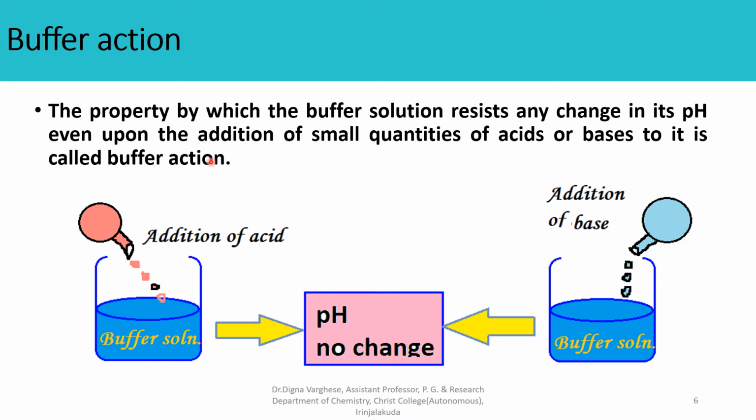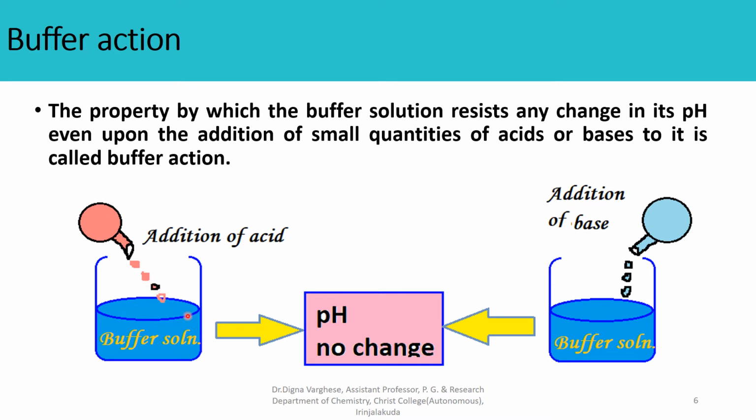For example, if we take a buffer solution in a beaker, to this a strong base is added. If it is a basic buffer, there is no pH change on measuring. If we take an acidic buffer solution in a beaker, to this a strong acid is added.